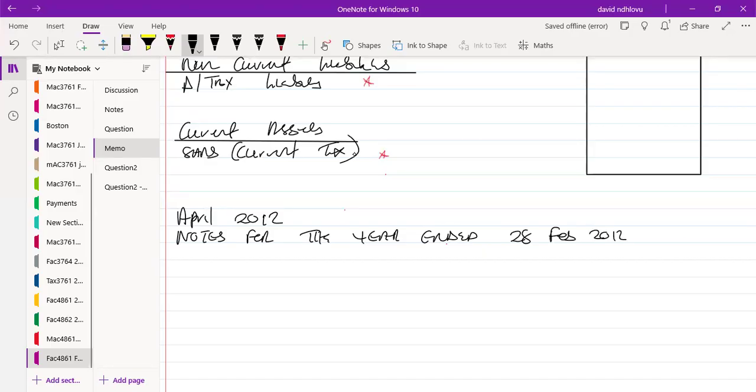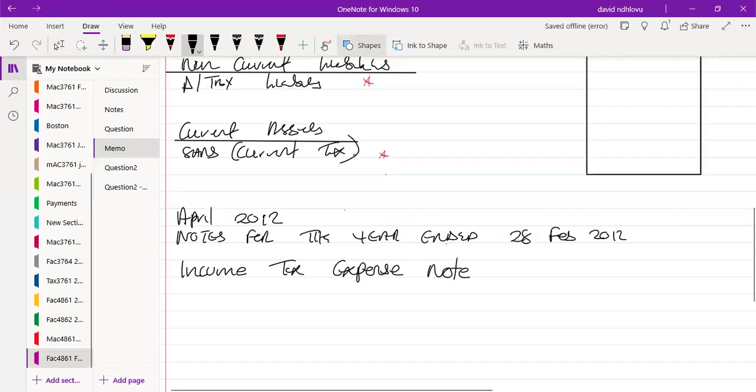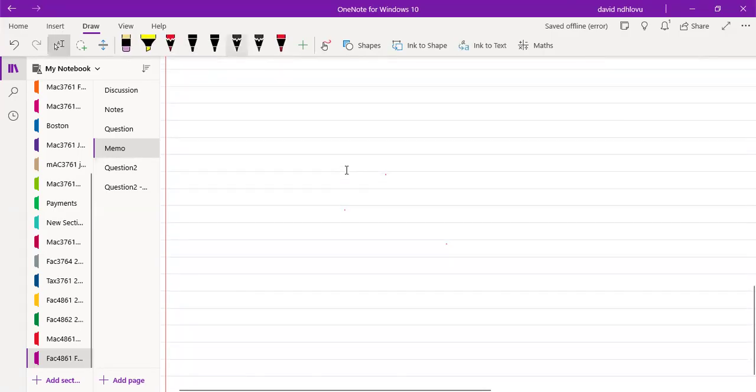We want to present what is called the income tax expense note. We are going to come back to this. So now we have our structure, then we can do the workings below.